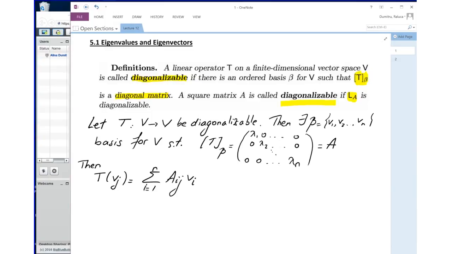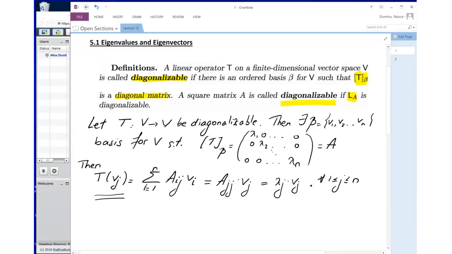Everything else is 0. A diagonal entry is exactly where i and j are equal. So among all those i's from 1 to n, I only need Ajj, when i equals j, because everything else would be 0. And Ajj is what in the picture above we called lambda j. And that should hold for every vector in the basis beta.